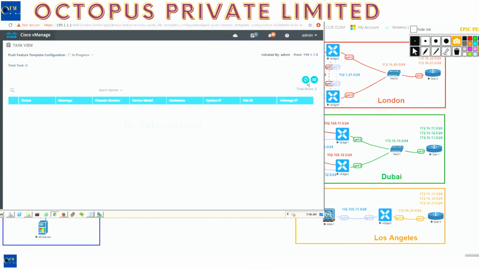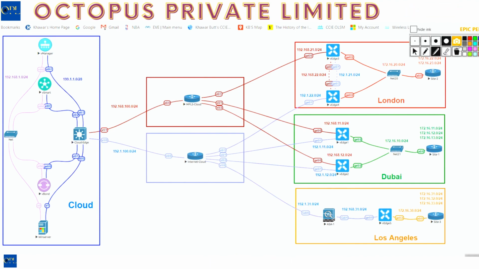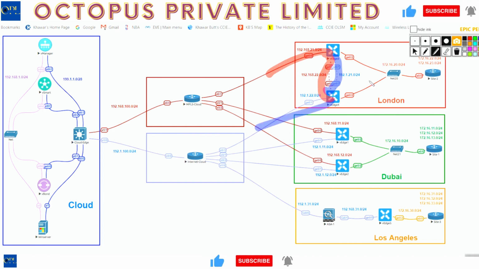Let's wait for this. While we're waiting, let me make sure you understand the implication of this. I have two sites, hypothetically each having two transports. This guy has two transports this way, and he has his own transport this way. So both of them have two transports.